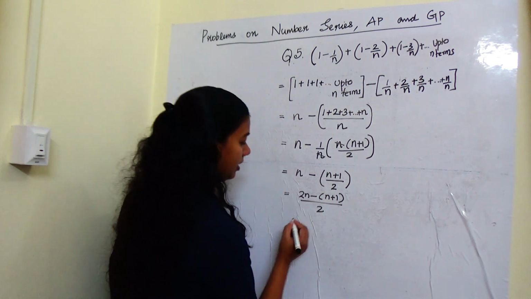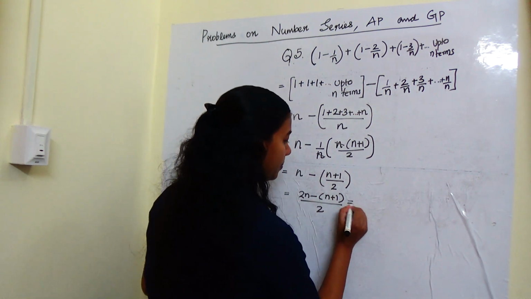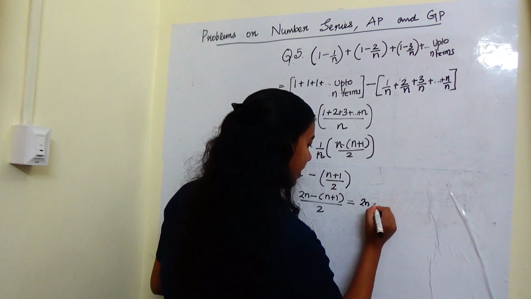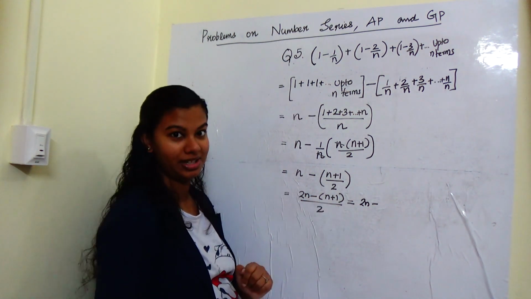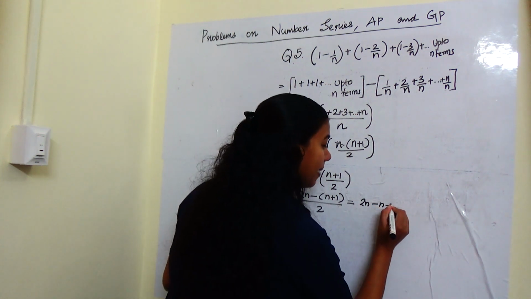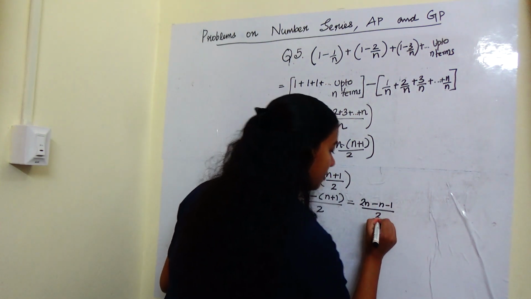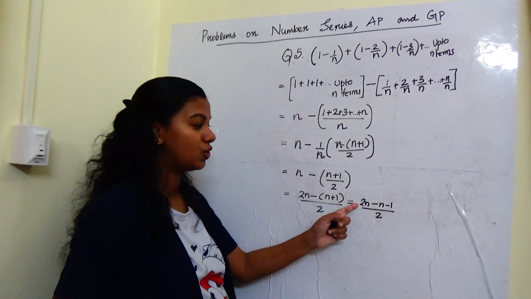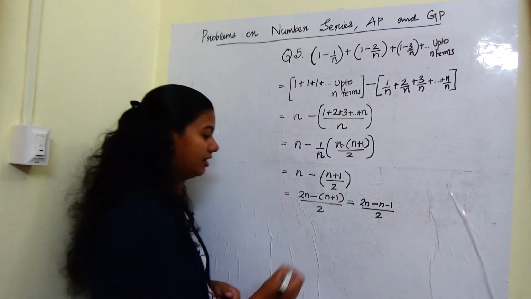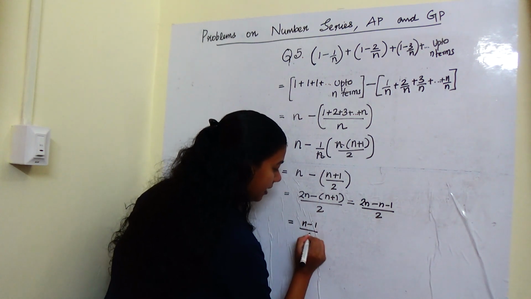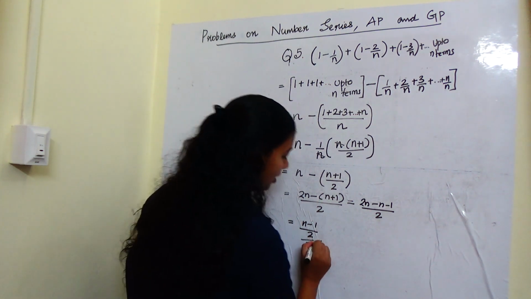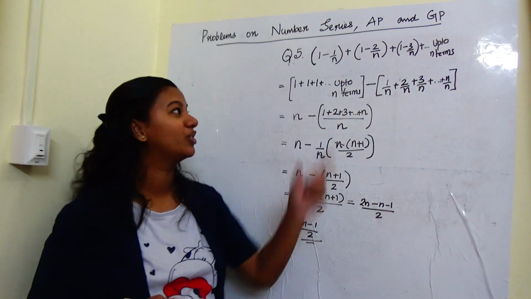Which will be equal to 2n minus, minus is applicable for both the terms, so minus n minus 1 divided by 2. What is 2n minus n? It is n. So that will be equal to n minus 1 divided by 2. So this is the answer for this sum.